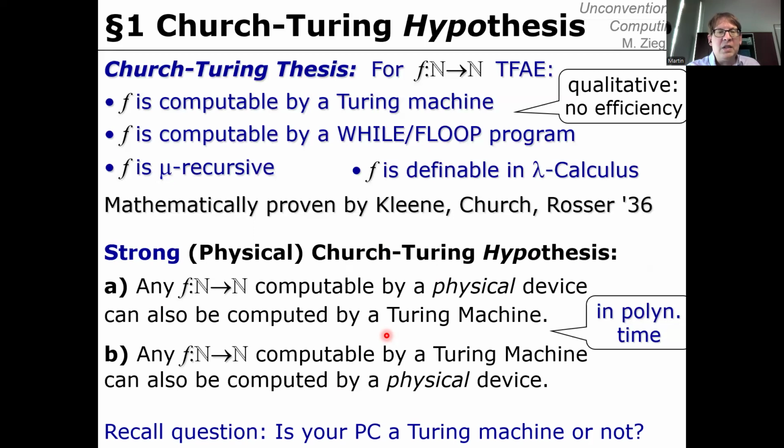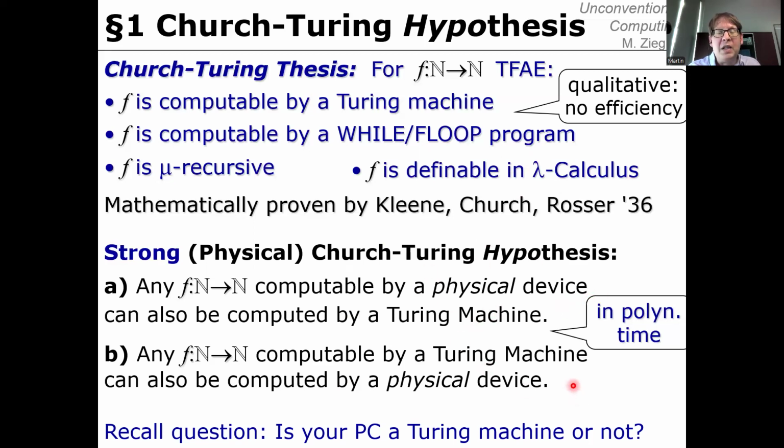So this is the physical Church-Turing hypothesis, connecting what a Turing machine or while loop program or mu recursion or lambda calculus provably can do on the one hand, and on the other hand, which is up to debate, what a physical device can do.